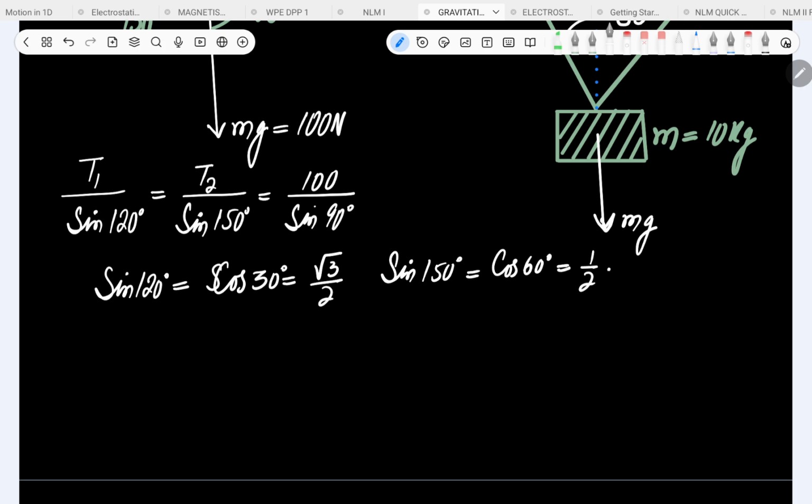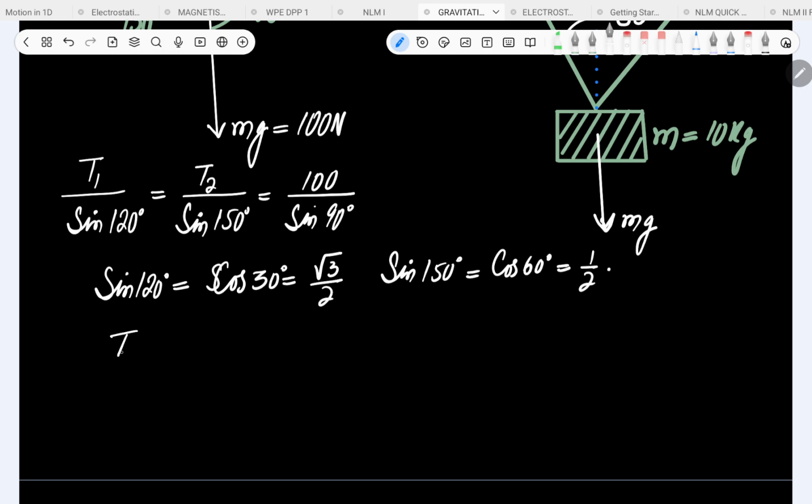So how to calculate now the values of T1 and T2? I will equate the first term with the third term to calculate T1, and then I will equate the second term with the third term to calculate T2. That's exactly the way to calculate T1 and T2.